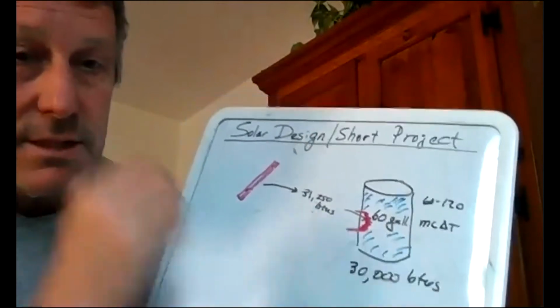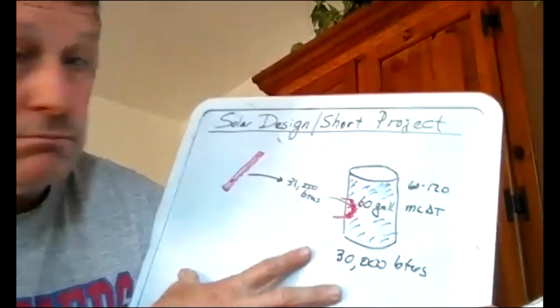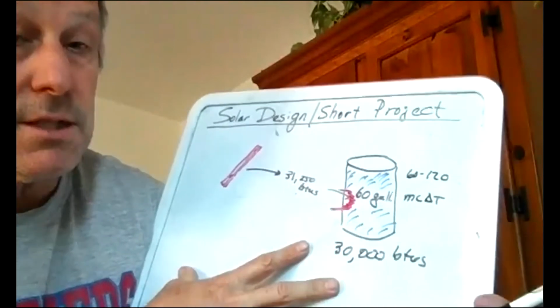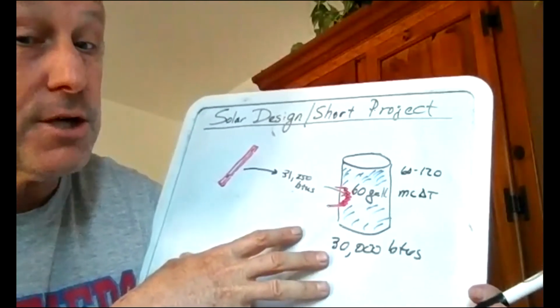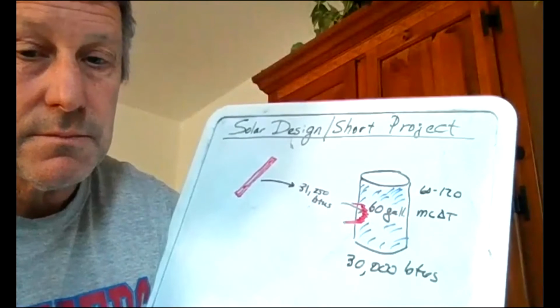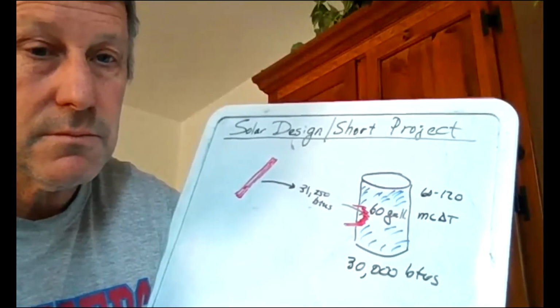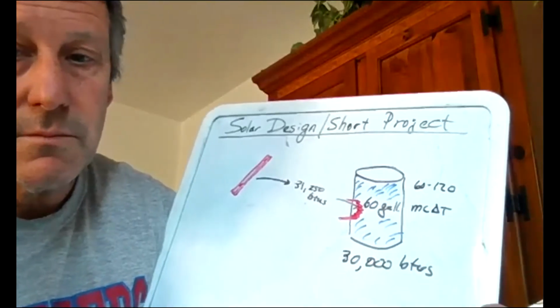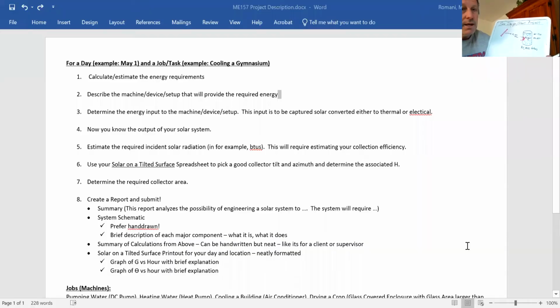So let me go back to the list and see where we're at. We've worked for, goodness, not very long, and we're already partway through this project. Okay, number 4 says now we know the output of the solar system, and that's what I was pointing to up here.